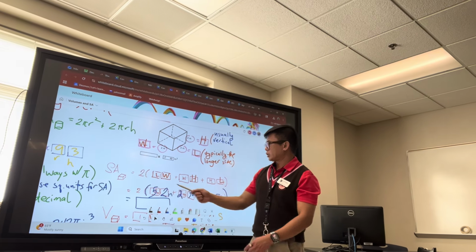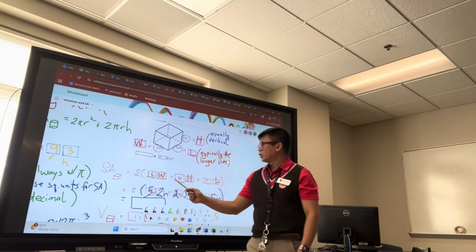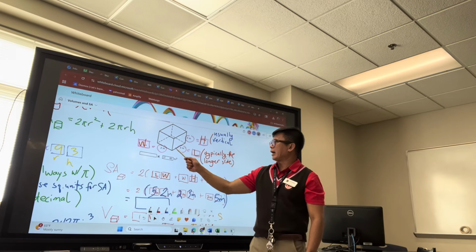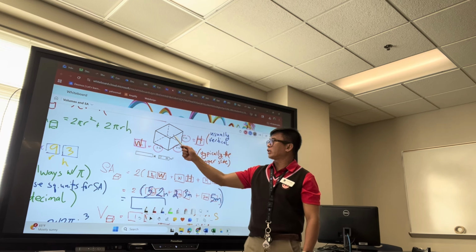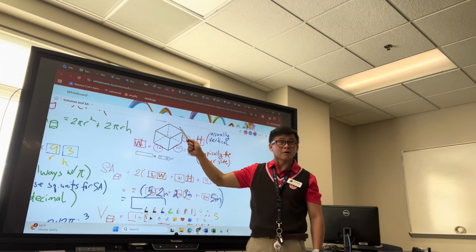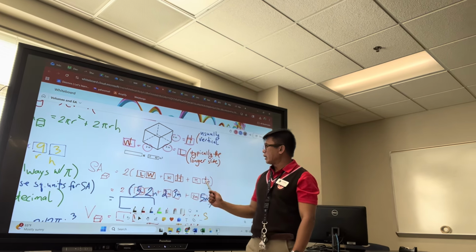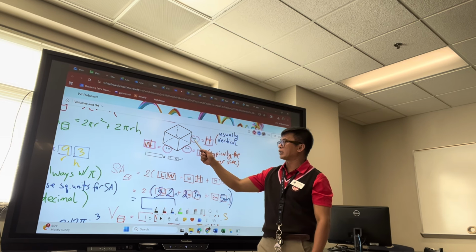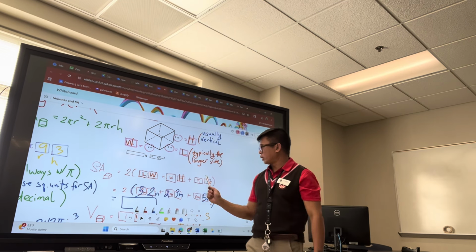Next, 2 times the width and height. This is the width and that is the height. That's the front and the back. So we got the top and bottom, we got the front and back. The height and the length are where? This is the length, that is the height. Right and left surfaces, okay? And 2 HLs as well.